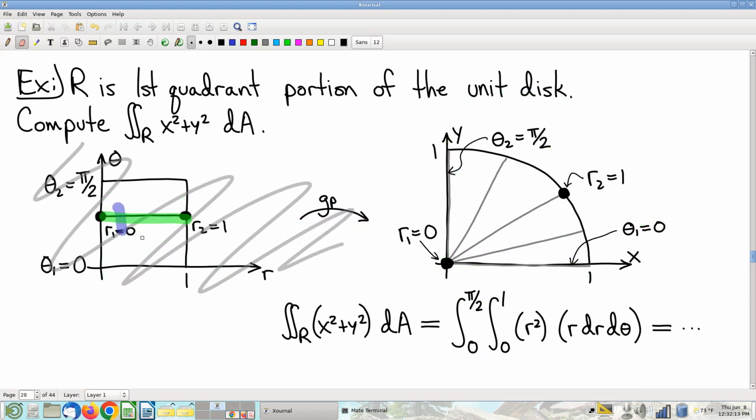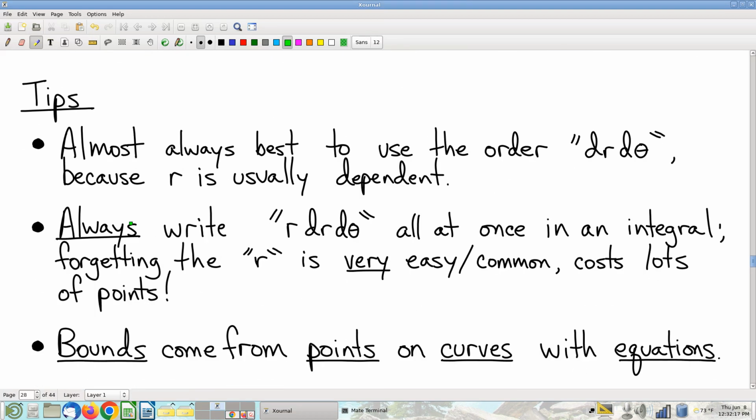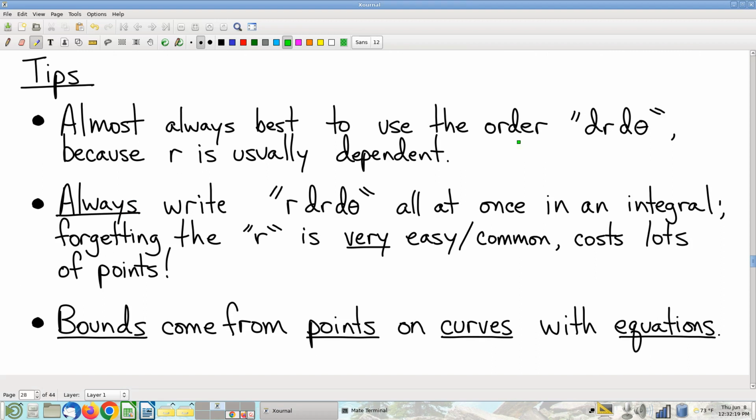And then I left y'all with some tips and tricks that I think are useful, in particular, for all practical purposes. Just always use this order for the differentials. It's not even worth talking about going the other way.